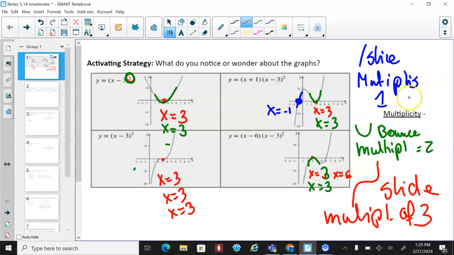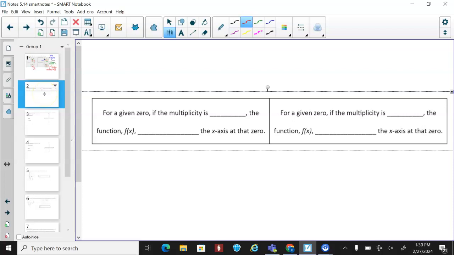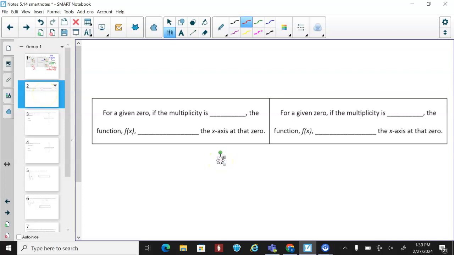So you get a slice when it crosses one time. You get a bounce when it touches the x-axis and bounces up, and then a slide when it crosses it by sliding. So here it just says that for the given zeros, if the multiplicity is odd, so an odd number like 3, 7, 11, the function crosses the x-axis.